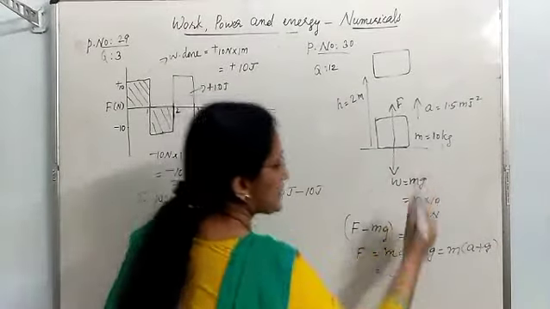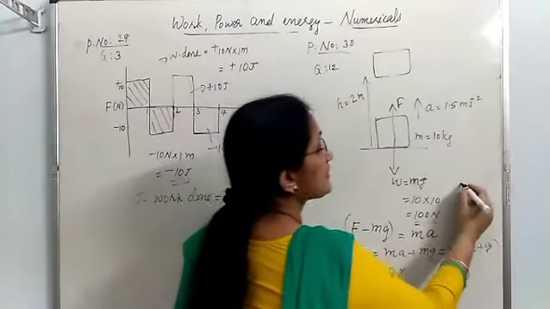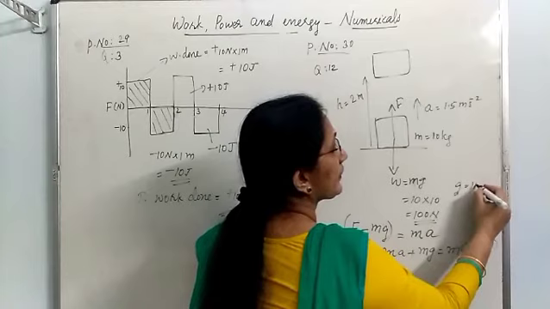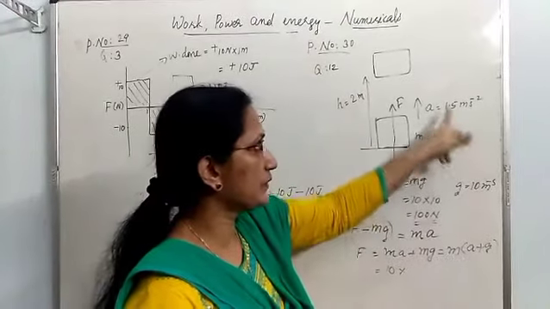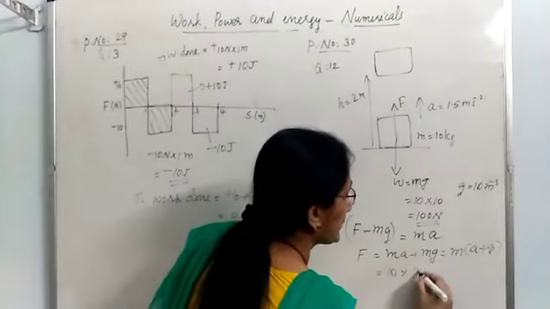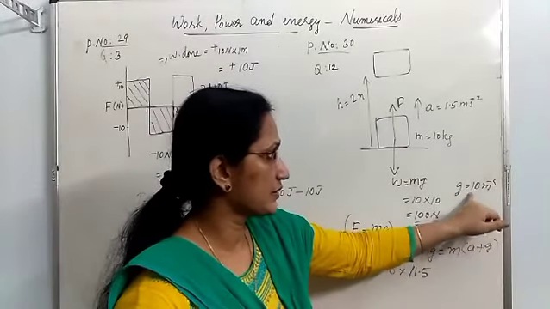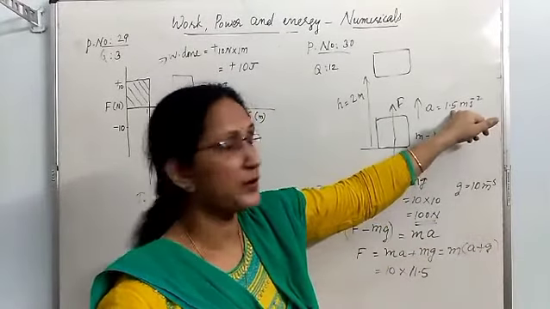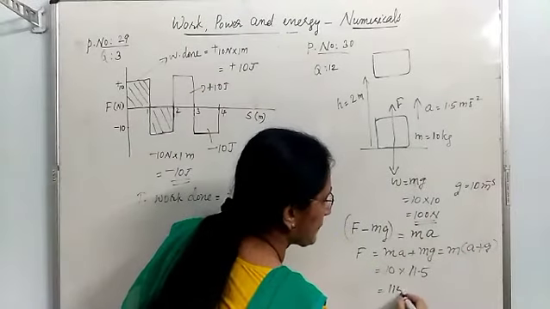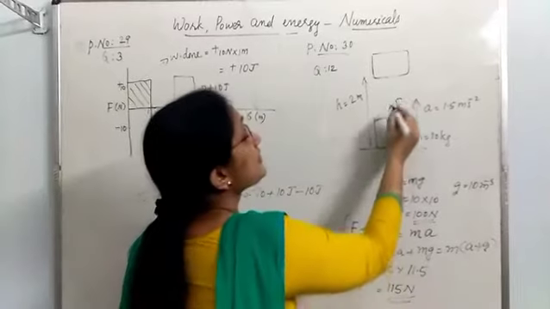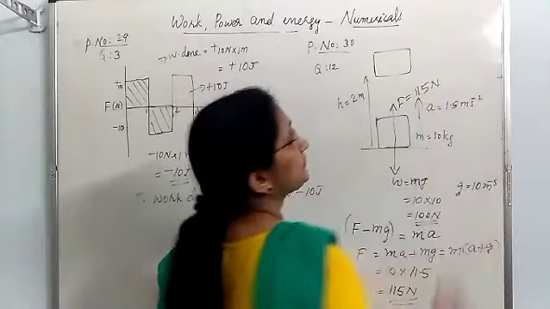It is equal to m is 10, (a plus g). g is given in the question as 10 meter per second square. a is 1.5 meter per second square. So a plus g is 11.5. That means the upward force acting here is 115 Newton.